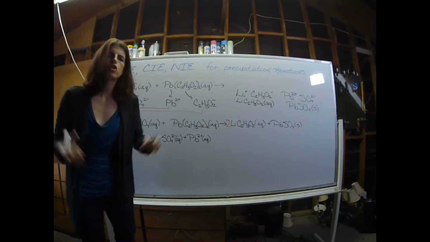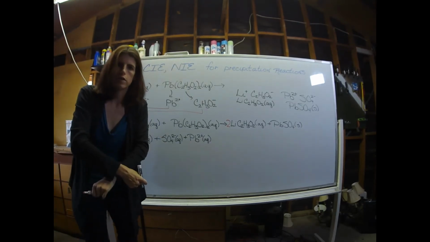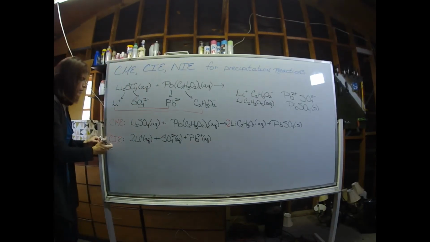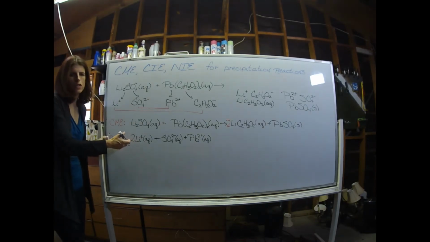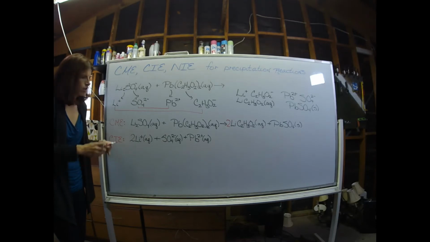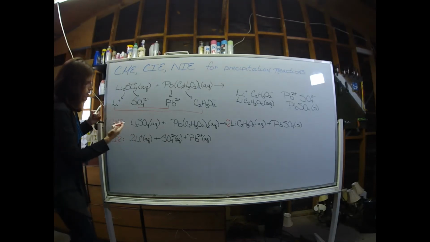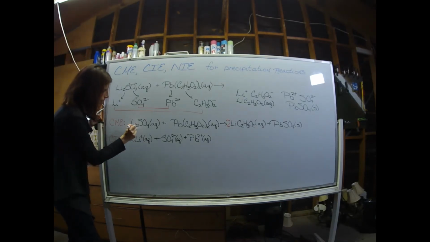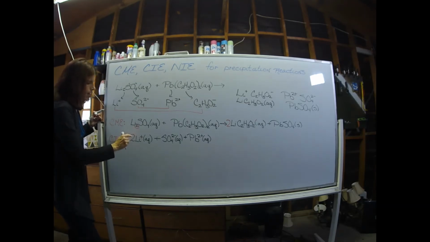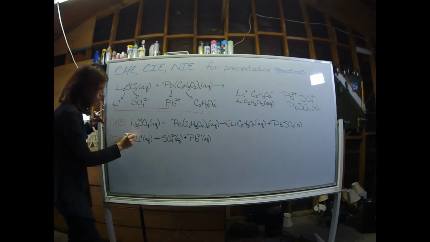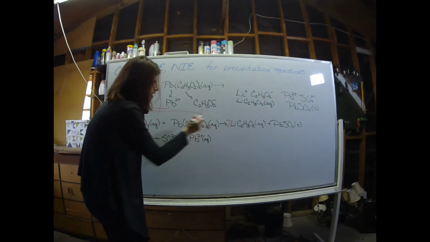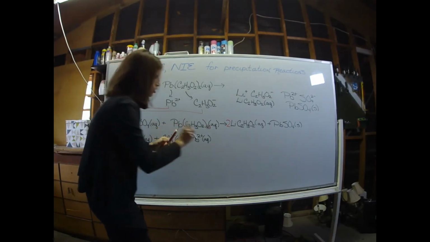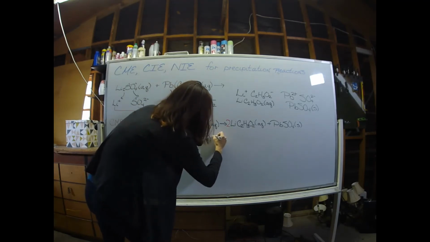So subscripts that come from crisscrosses, when you're writing your complete ionic equations, need to turn into the coefficients of the balanced reaction. So let me circle some of those. Here we had a subscript that came from a crisscross, and that turns into a coefficient. This is another subscript that came from a crisscross. It's going to turn into a coefficient.